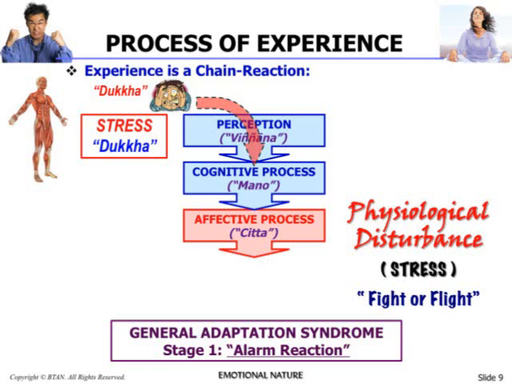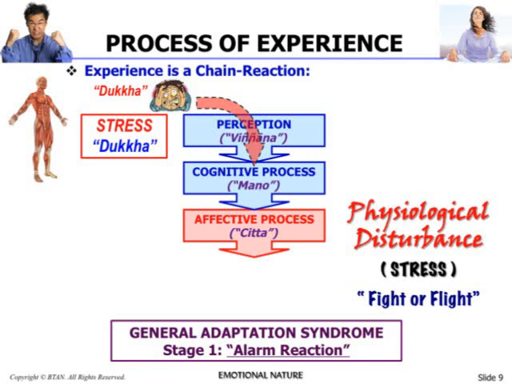And some people call it the fight or flight reaction. And this in fact corresponds to what the scientists today term as general adaptation syndrome, stage 1, because they're describing the whole stress reaction. There was a scientist who described the stress reaction in 3 stages, and it corresponds exactly to the way the Buddha described it also.